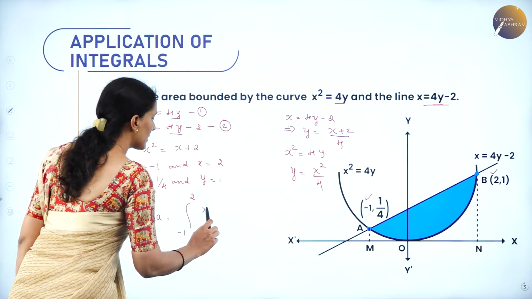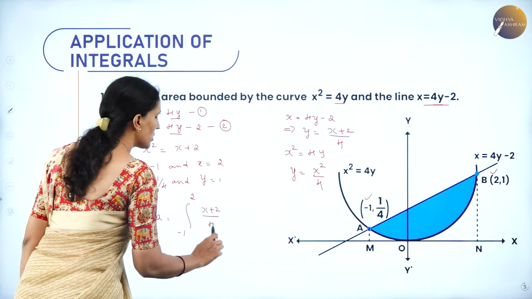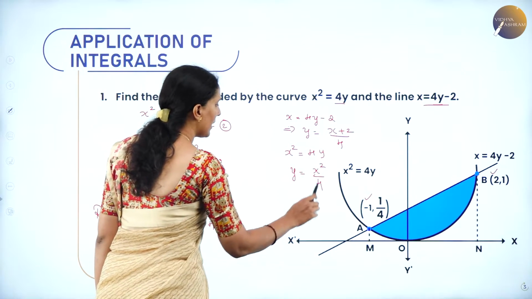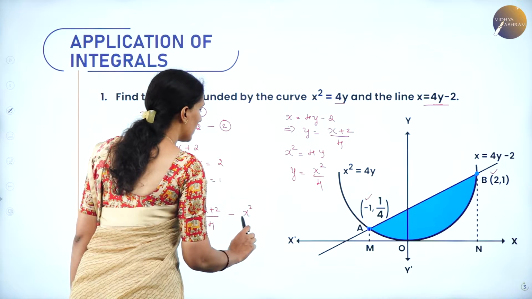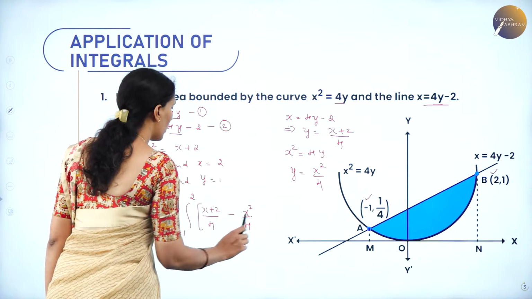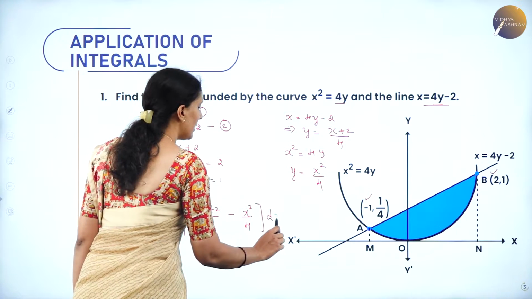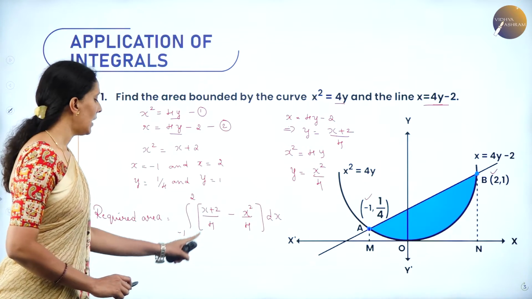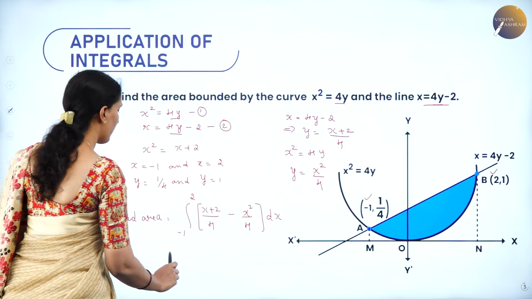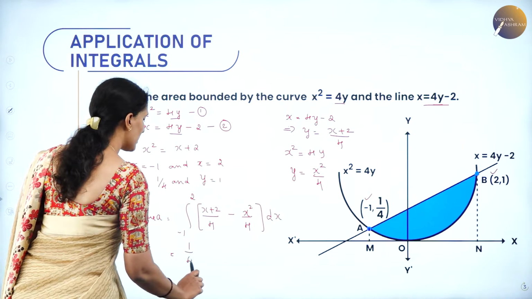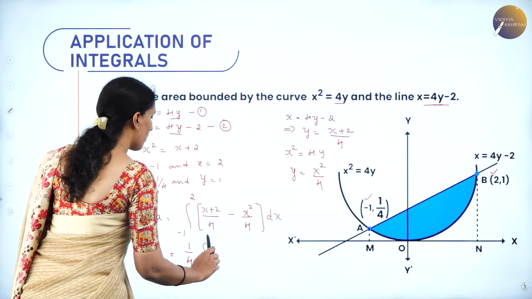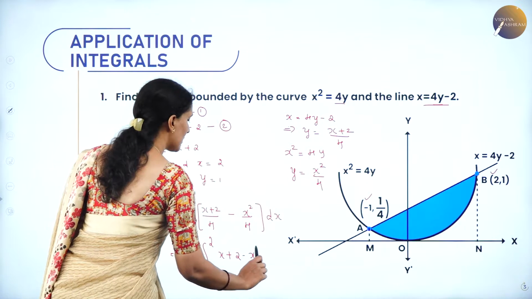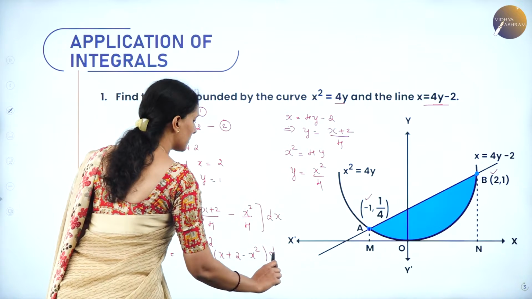So that is x plus 2 by 4, which is the area below the line, minus x square by 4, the equation of parabola in terms of y, and we are integrating this with respect to dx. So now here let me take 1 by 4 as a common factor. So if you take 1 by 4 as a common factor, then the limits are from minus 1 to 2, x plus 2 minus x square dx.